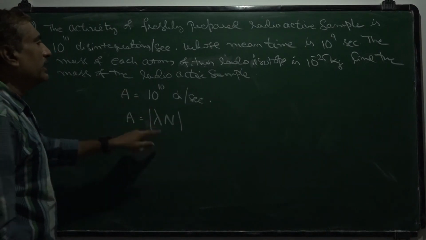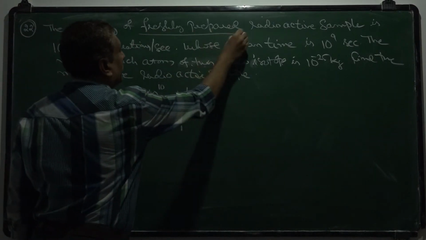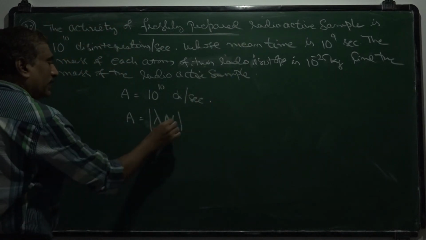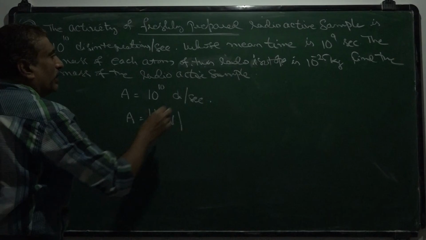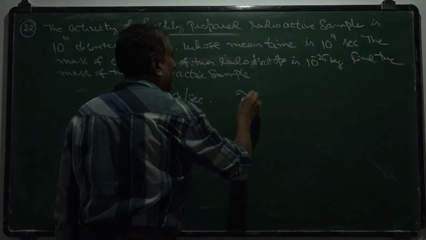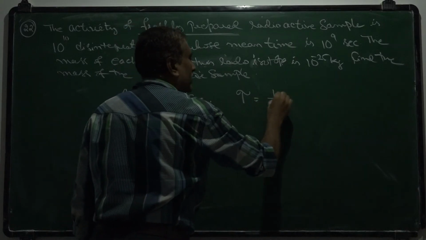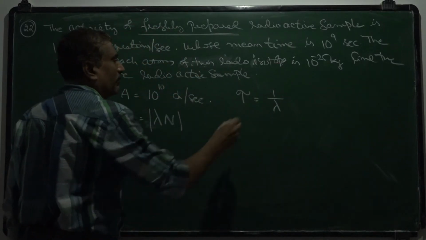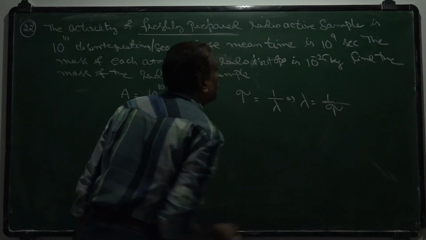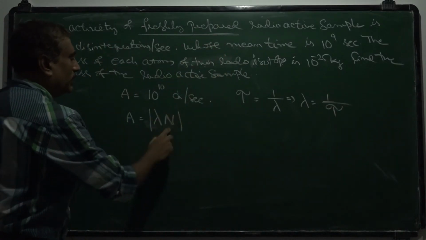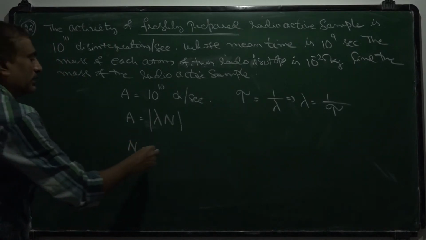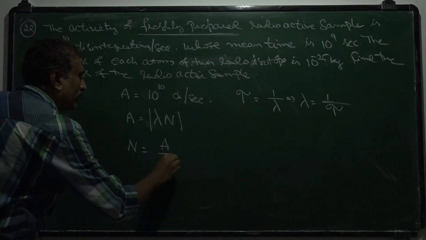It is mentioned that it is freshly prepared. That means initially it has N number of atoms. But here the mean lifetime is 10 to the power 9 second. So mean lifetime tau is equal to the reciprocal of decay constant lambda. That implies lambda is 1 by tau. So the number of initial nuclei is equal to A by lambda.